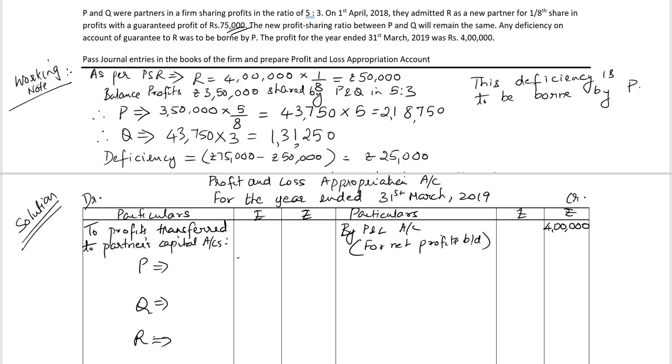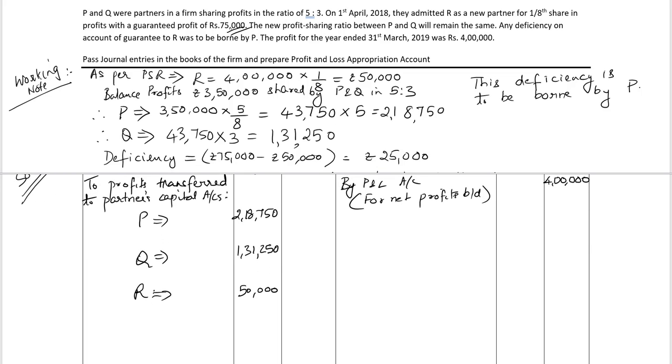P gets 2,18,750 rupees. Q gets 1,31,250 rupees and R gets 50,000 rupees. We'll add the deficiency to R, rupees 25,000 and take 75,000 rupees to the outer column.